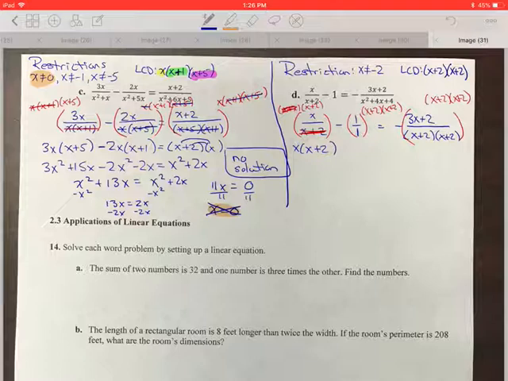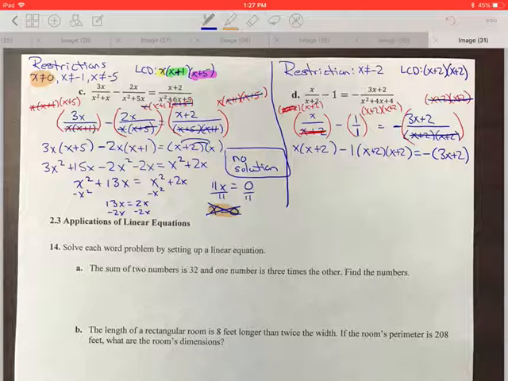Now the 1's a little bit of a mess. I get a minus 1 times x plus 2, x plus 2. So nothing cancels there, so that's kind of messy. And then here they both cancel, but I do have to watch this negative right here. It's on the outside, so it's going to go to everything in that numerator, so I do have to distribute that.